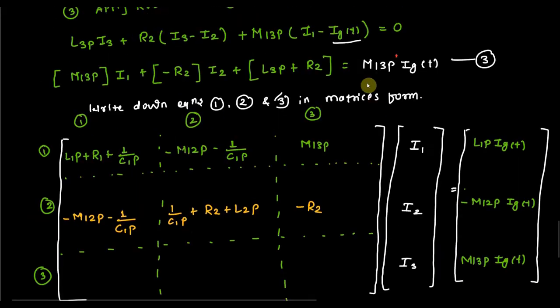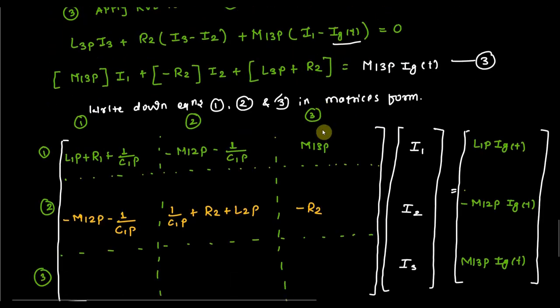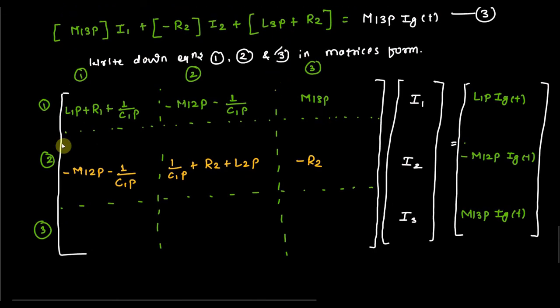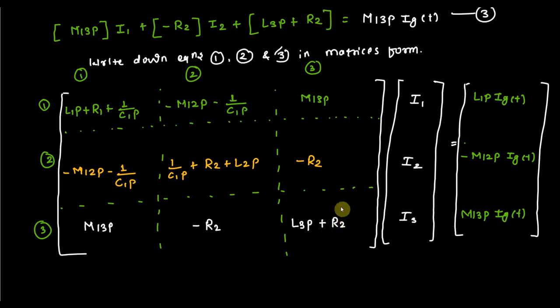You can see that. Now write this third equation in this matrix form. So the third equation I can take directly: M13P. The second term is minus R2, and the third term is L3P plus R2.